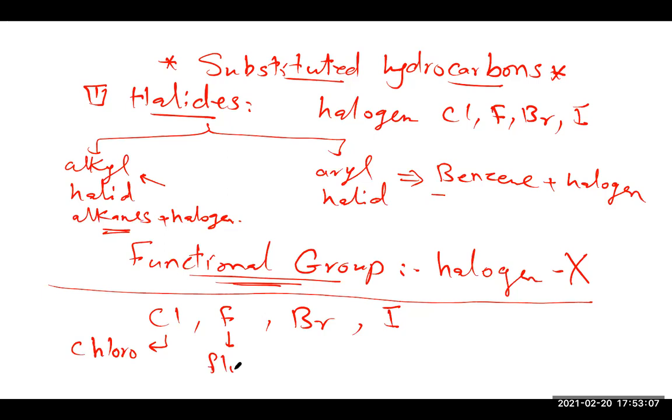Fluorine, fluoro. Bromine, bromo. And iodine, iodo. So for each one of them, we will make a replacement of the last part and add O. So it will be chloro or fluoro or bromo or iodo. And again, we need to take care of alphabetical order if we have different substituents. So we need to give the lowest number to the one written first alphabetically.